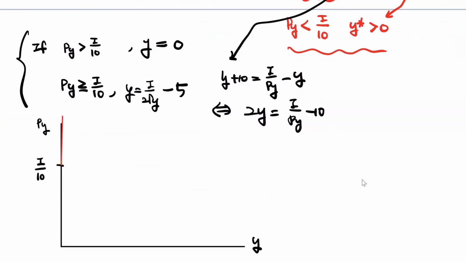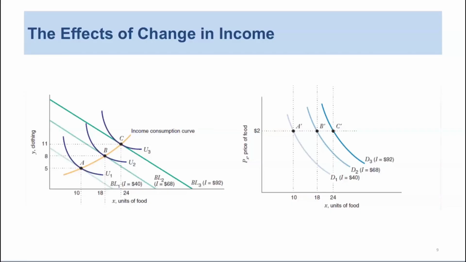But if this price goes below I divided by 10, as you can see, this relationship is going to go down like this. Now we understand the individual demand curve, which is nothing but the combination of given price and the utility maximizing consumption.